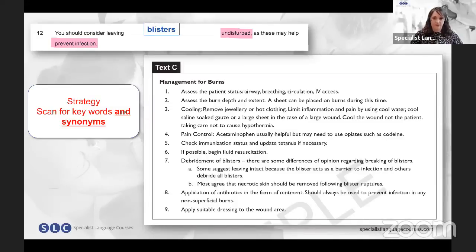All right, so we know that we're looking at point 7. So what can you find for undisturbed and also prevent infection? So perhaps not a direct synonym, but a paraphrase here. So pop your ideas into the chat box.